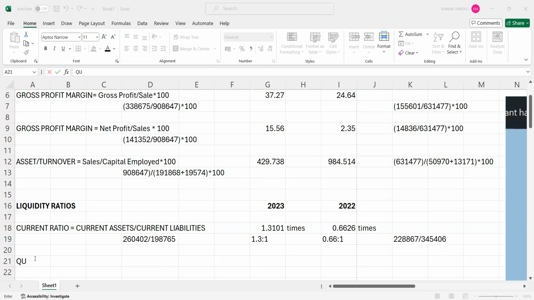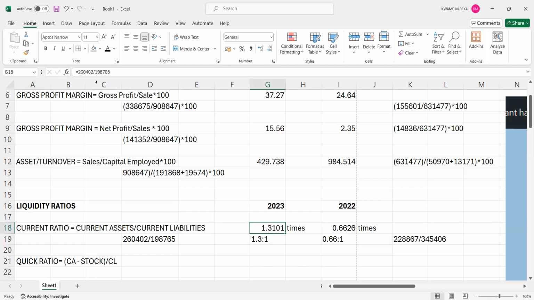So take away your stock. Do you still have enough to pay your current liabilities when they fall due? So here we subtract our stock from our current assets. So current assets less inventory or stock, whatever is put there, divided by your current liabilities. So take away stock. Do you still have enough to pay your debt as and when they fall due?